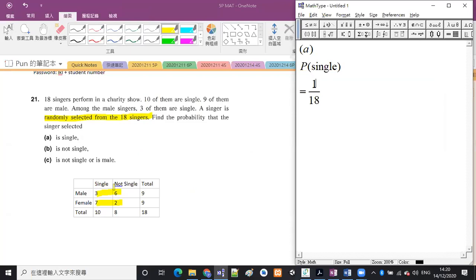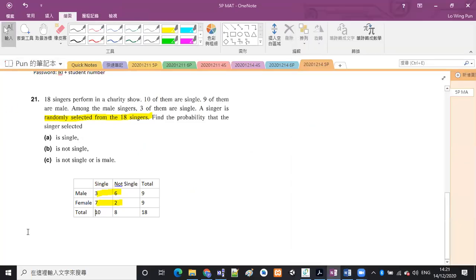So the numerator should be equal to 10. So the answer should be equal to 5/9. Get it? This is part A.